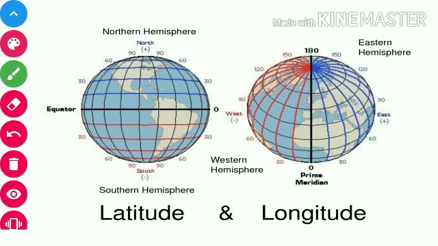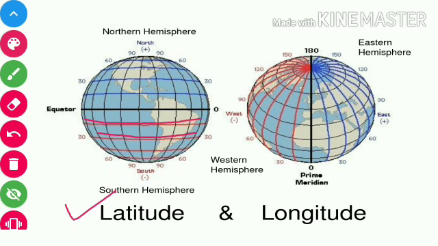Look at the picture. This is the picture of the globe. The first picture is of latitude and the second one is longitude. So, what is latitude? The imaginary line which is drawn horizontally on the globe is called latitude.